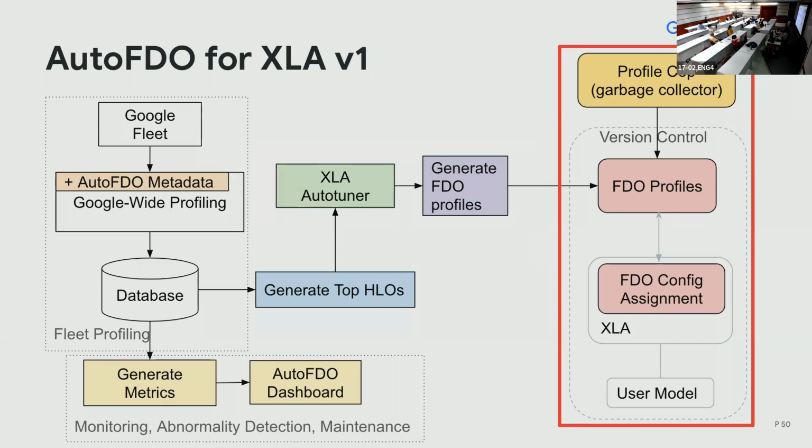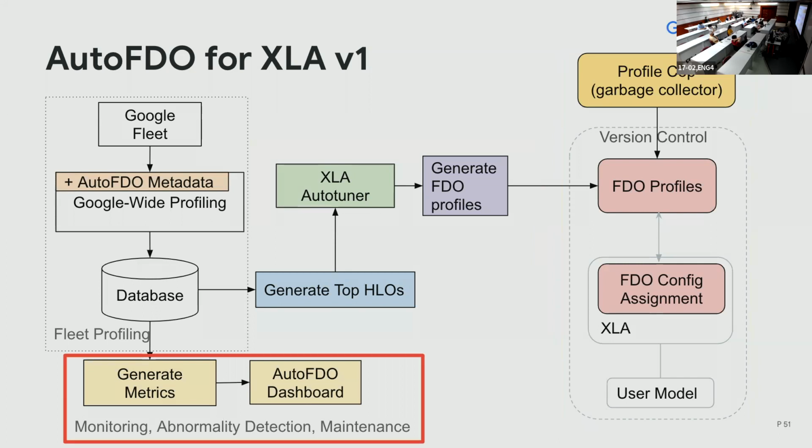And then the next time the user compiles and runs a program, the compiler will check this database to see if there's a match. If there's a match, it will apply the configuration. Right? We also have a monitoring system that basically keeps track of which workloads are using the configuration, what our overall speedup from our techniques is, and also if something is going wrong.